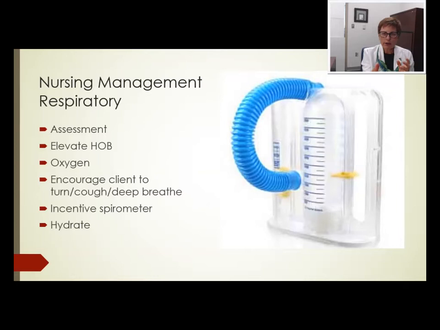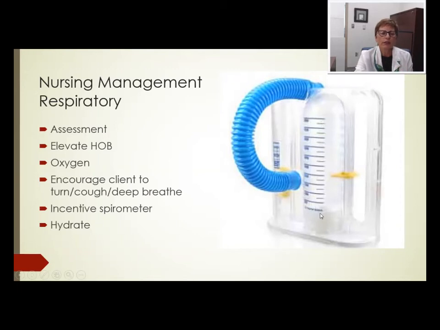And we're going to encourage the incentive spirometer. So the patient will put this right here in their mouth. They're going to blow out first, so they don't put this in the mouth until after they blow out, and then they put this in their mouth and they're going to inhale, and this ball will move up. Someone with really good lungs like me might get up to 2,500.